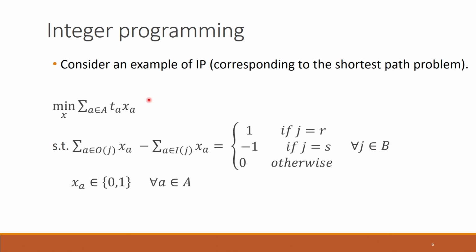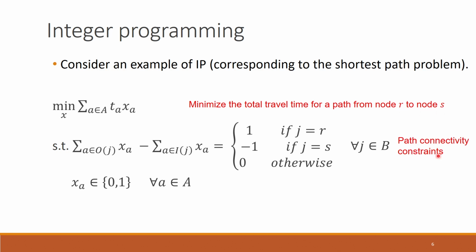Here the objective is to minimize the total system travel time for a path that starts from origin node R and ends in destination node S. These were the set of constraints ensuring path connectivity, so that we get a path that starts from the origin node R and ends in the destination node S, and then we have these definitional constraints that the x_a variables have to take binary values only.